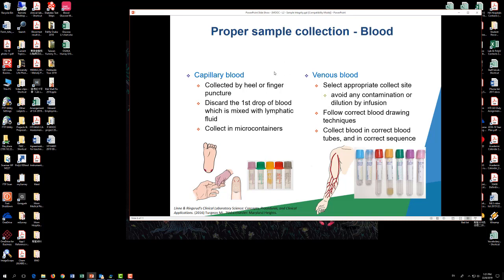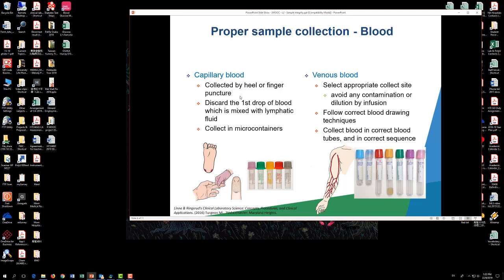We commonly collect capillary blood or venous blood. We usually collect capillary blood from children or neonates.